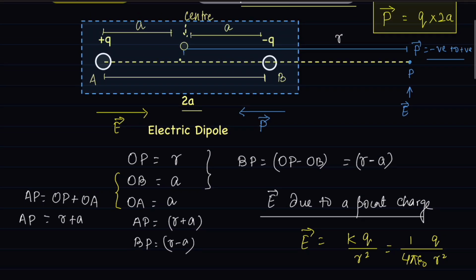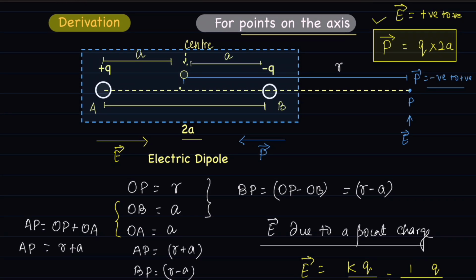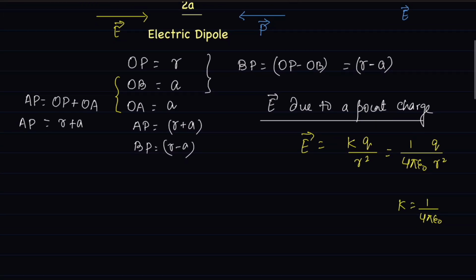Now you see at this point P, we have two electric fields acting. One is due to the negative charge and another is due to the positive charge. Individually, we will first find the electric field due to the charge at B and due to the charge at A.